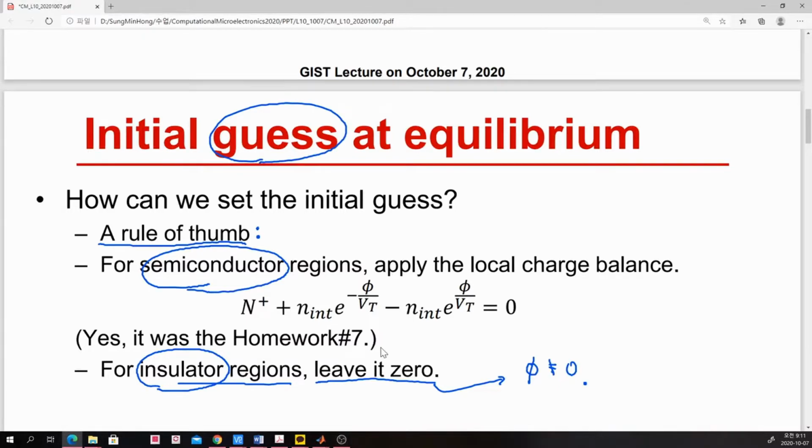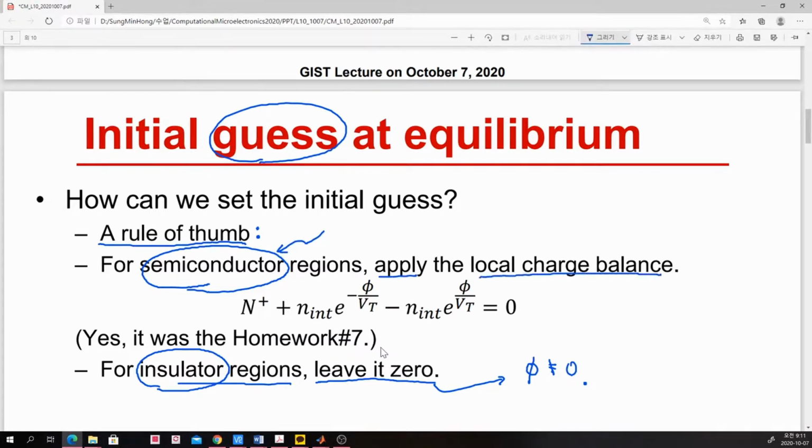So this is quite a poor strategy. However, we just apply silicon regions. We have to apply the local charge balance. So what is the local charge balance?